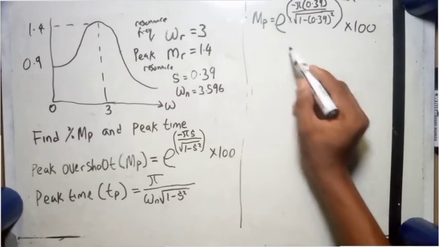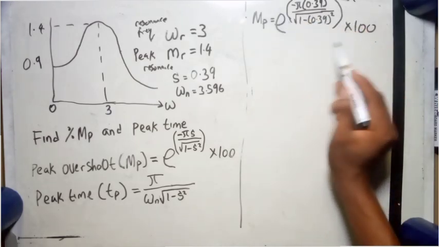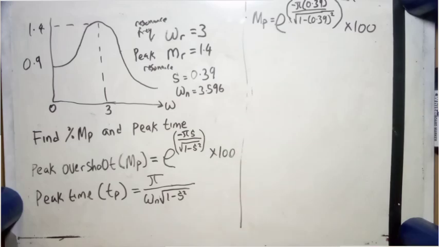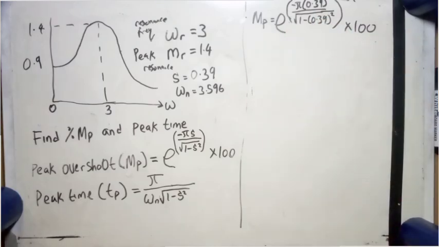Please, what is multiplying 100 is the whole expression, including the exponential. It's not multiplying the power, but the whole expression. So to be on the safer side, it's better you just solve for this, get your answer, and then multiply it by 100.